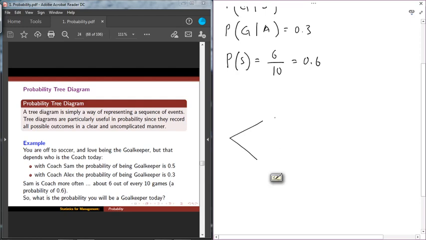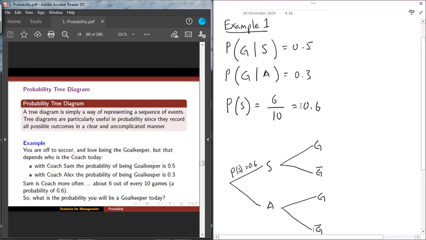Let's say the probability of Sam becoming the coach is 0.6. This is the probability of who? Alex becoming the coach. You are goalkeeper, you are not goalkeeper. You are goalkeeper, you are not goalkeeper. Sam becomes the coach. If you can see the screen, okay.